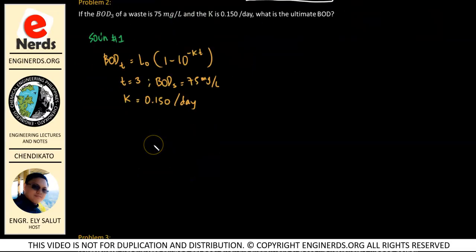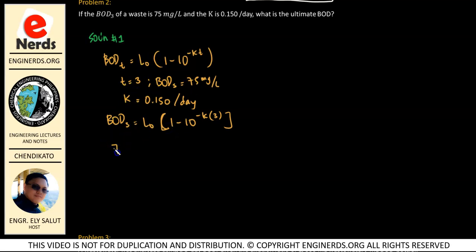Okay, so substitute na natin yung mga values natin, no? BOD3, okay, so we have BOD3, susulat na nga natin, is equal to LO times 1 minus 10 negative K times 3. No? Yun natin bracket yan. Okay, so substitute na natin.